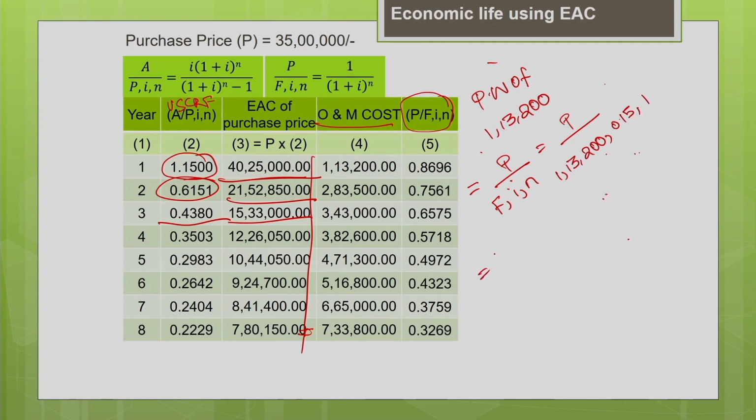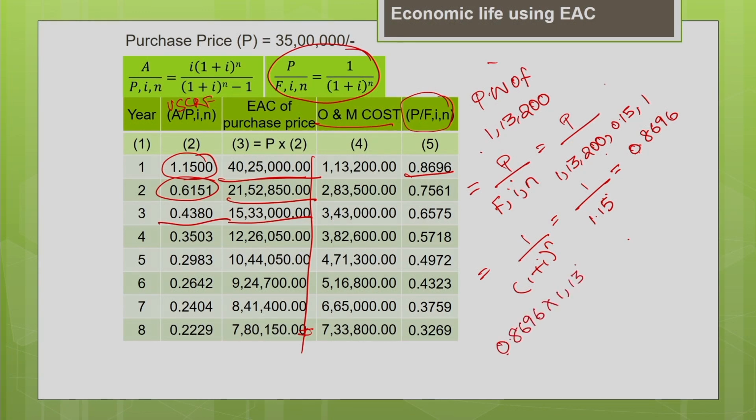So, what is the present worth factor? It is nothing but 1 divided by (1+i)^n, 1 divided by 1.15. That gives me the present worth factor as 0.8696. This present worth factor you multiply by the operating and maintenance cost, 0.8696 multiplied by 1,13,200.